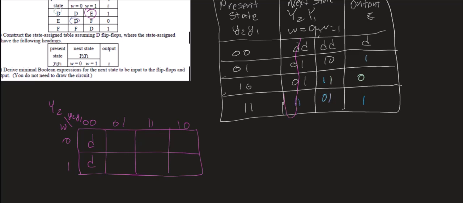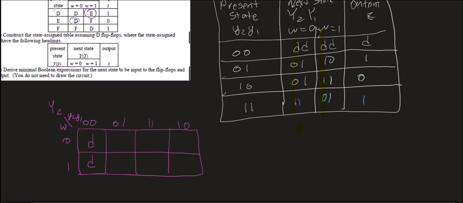Y2 is the first column. So the first column here, trying to highlight it, I don't know if you can tell.